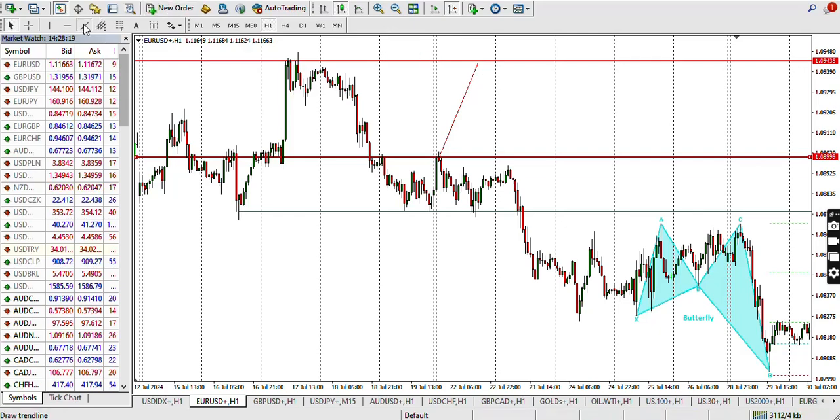Then you can enter for a sell at this point, right? So from this support back to this resistance, then enter a trade again from this resistance back to the support, and so on and so forth, until eventually the market is able to break above or below the level.